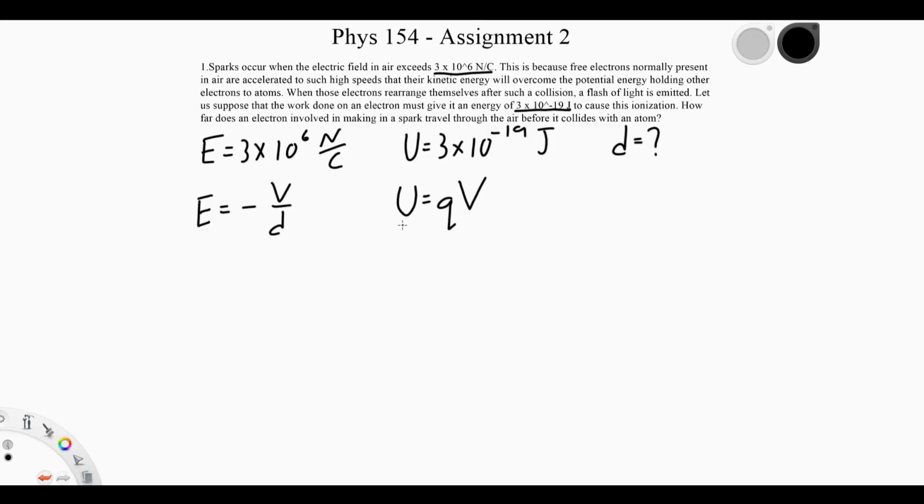The quick thing I want to note here is that this U is electric potential energy, and energy is the big term here, where this V is electric potential.